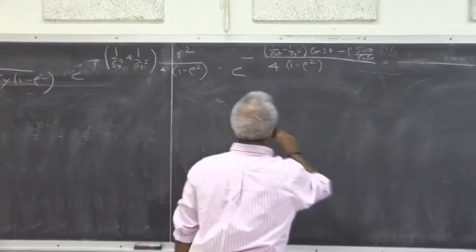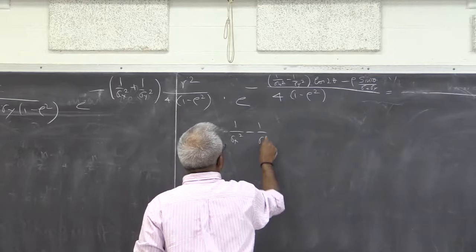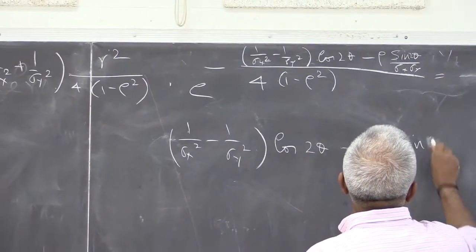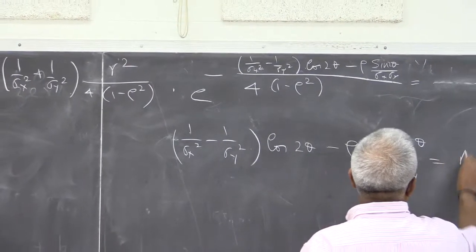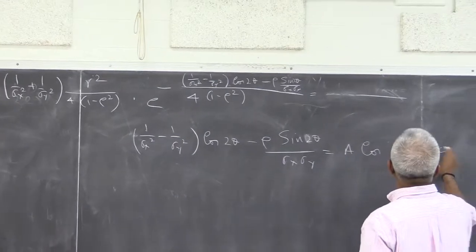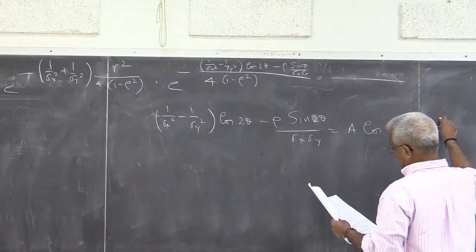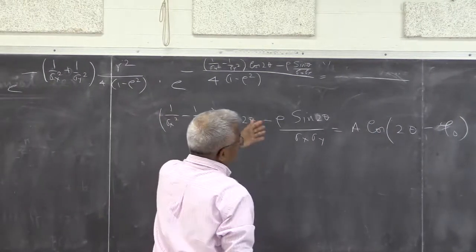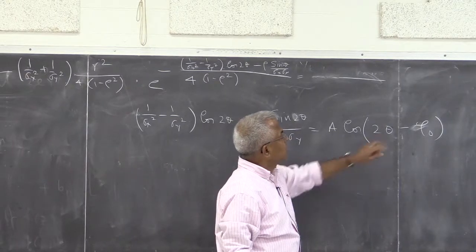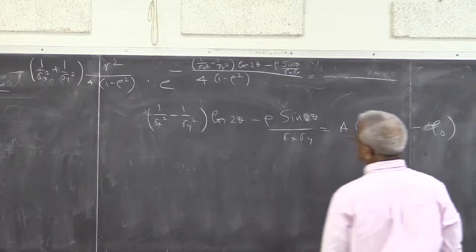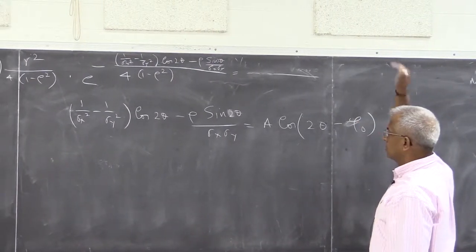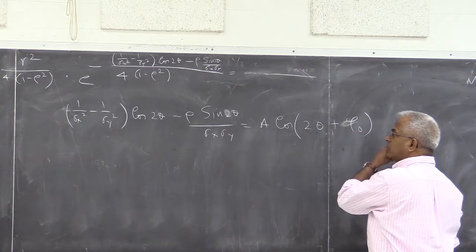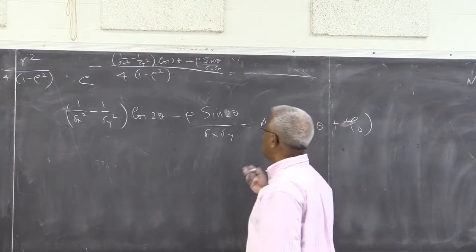In other words, if you take 1 over sigma x squared minus 1 over sigma y squared multiplied by cos 2 theta minus rho sine 2 theta, because this is standard procedure, so you expand this, you get cos 2 theta cos phi naught minus sin 2 theta sin phi naught. So you can get the values of a and phi naught, right?